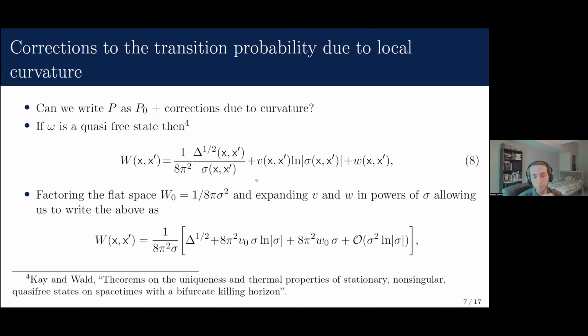So this computation is a bit too long, so I will just try to motivate some of the steps and hit certain milestones instead of outlining the whole thing. We begin by factoring the flat space Wightman function, and we'll expand V and W in powers of sigma, the Synge world function, giving us the following expression.